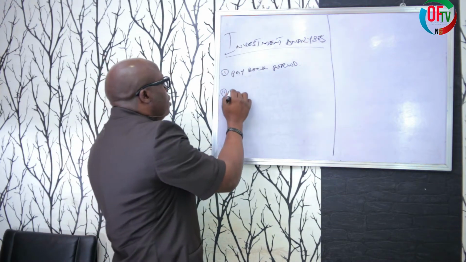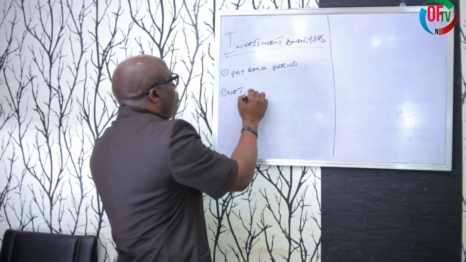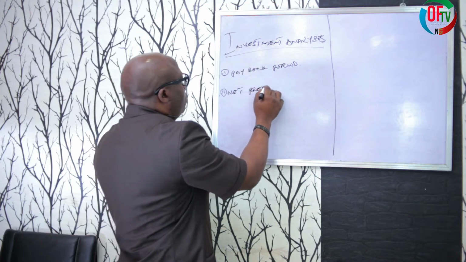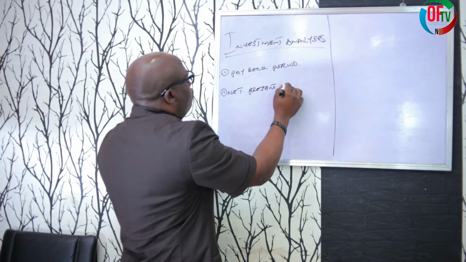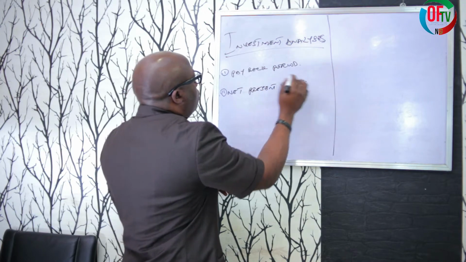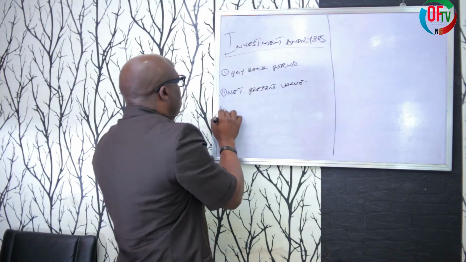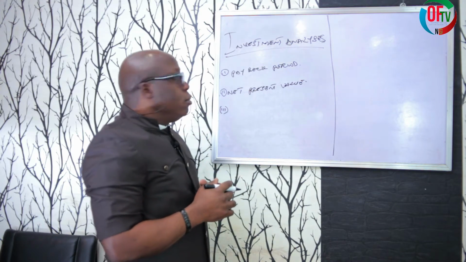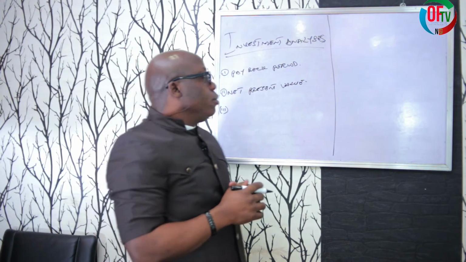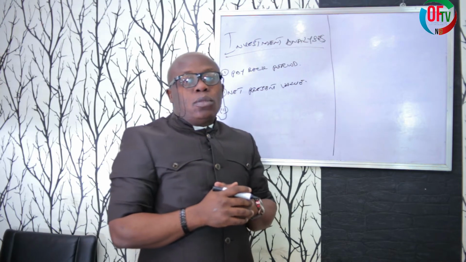And the next that follows is net present value, or they call it the discounting cash flow method.